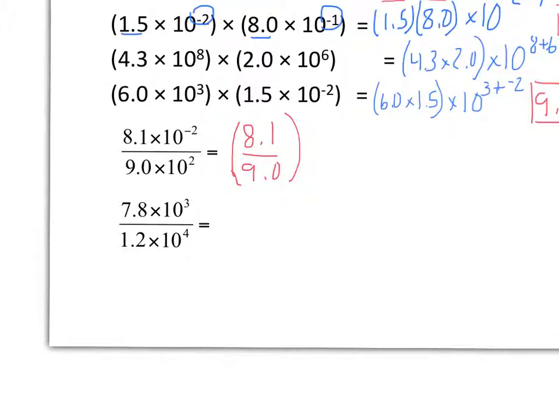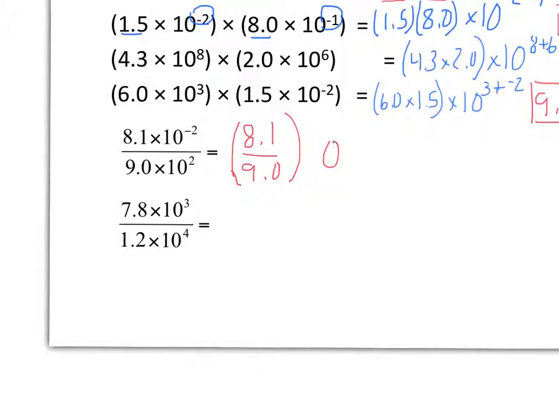If this had been 81 divided by 9, we know 9 times 9 is 81, rather. So 81 divided by 9 would be 9. Since we've had to divide this by 10 to go from 81 to 8.1, we could divide that answer by 10.